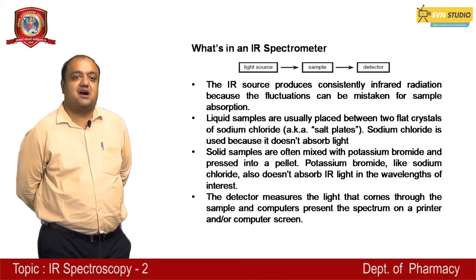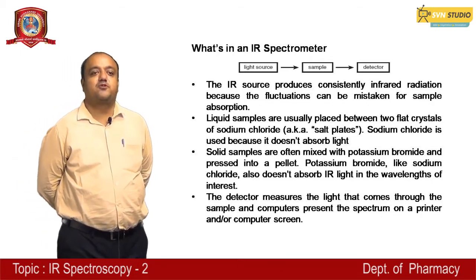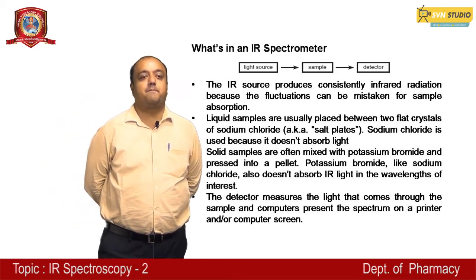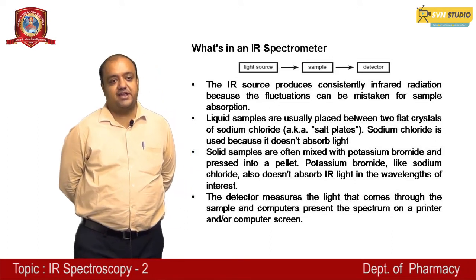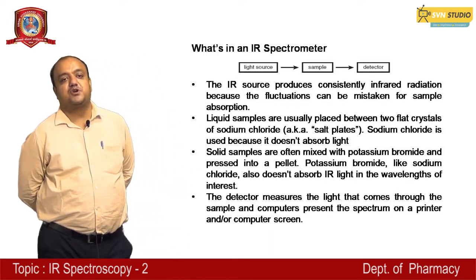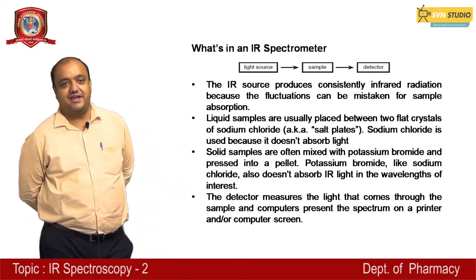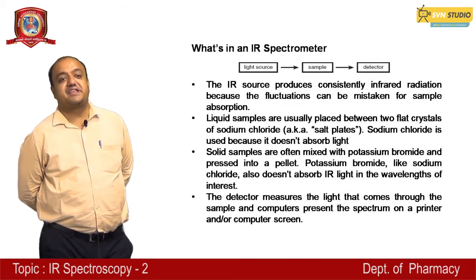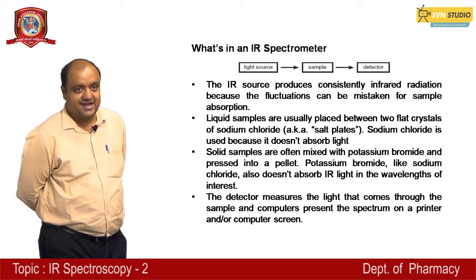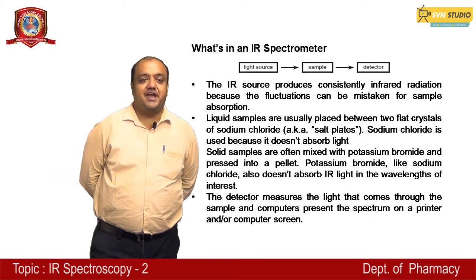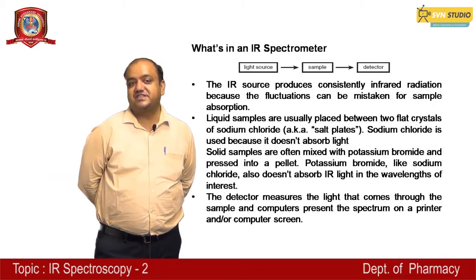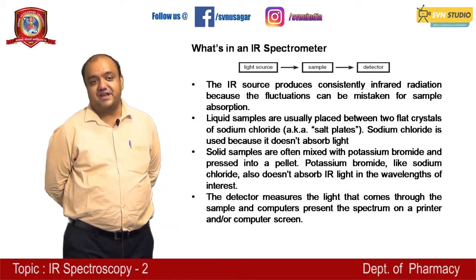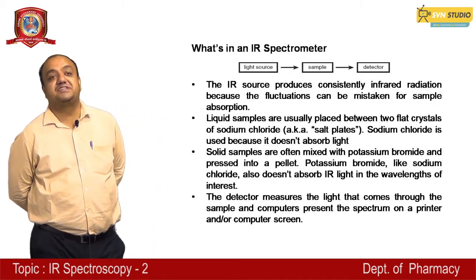Solid samples are often mixed with potassium bromide and pressed into a pellet. Potassium bromide, like sodium chloride, also doesn't absorb IR light in the wavelengths of interest. The detectors measure the light that comes through the sample, and computers present the spectrum on a printer and on a computer screen.